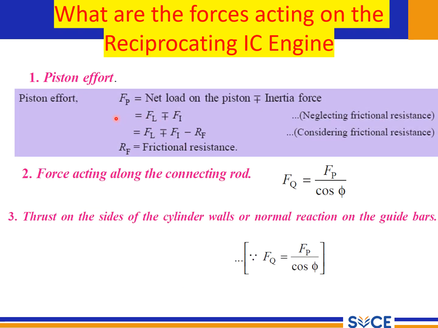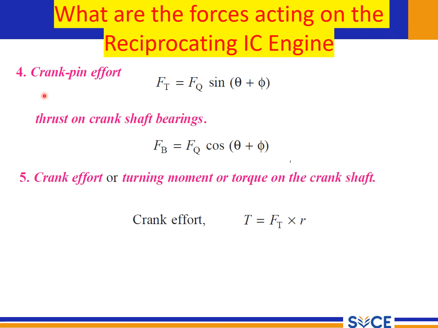First, piston effort has to be calculated based on net load on the piston plus or minus inertia force. If frictional resistance is given, it is to be subtracted. Second, force acting on the connecting rod. Third, thrust on the sides of the cylinder wall. Fourth, crank pin effort, FT equals FQ into sin theta plus phi.